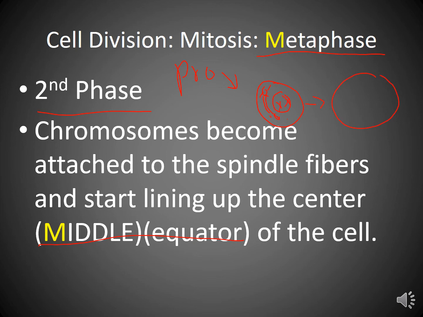Metaphase is the X's go in the middle. There's no more circle or nuclear envelope, okay? And those little suns that I drew over there, again, are the centrioles. And here, these little lines are the spindle fibers.